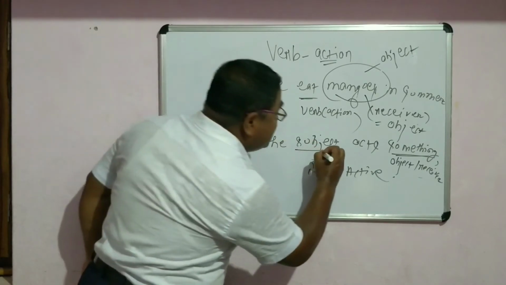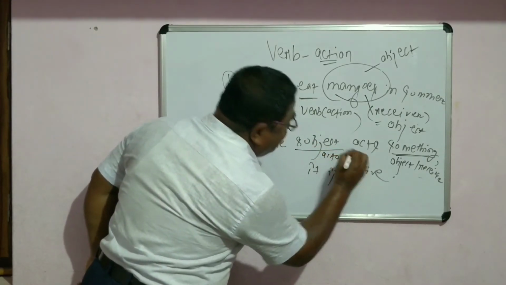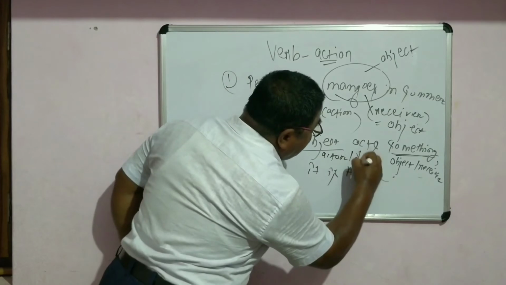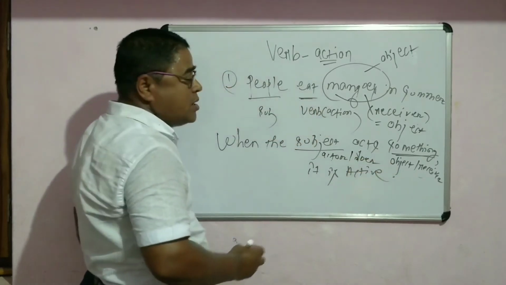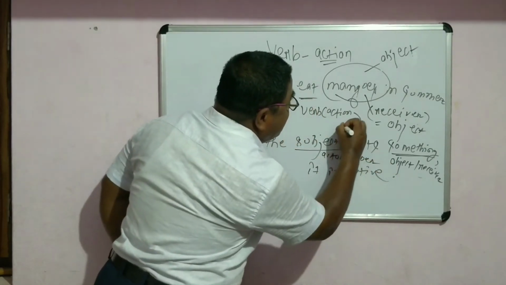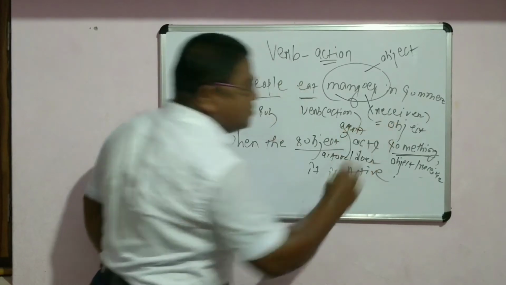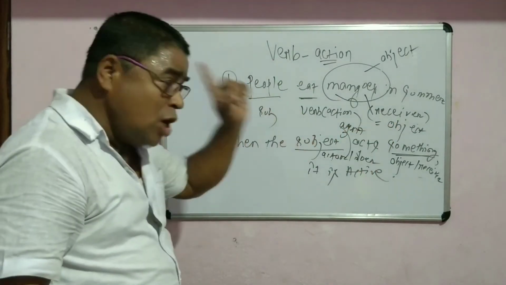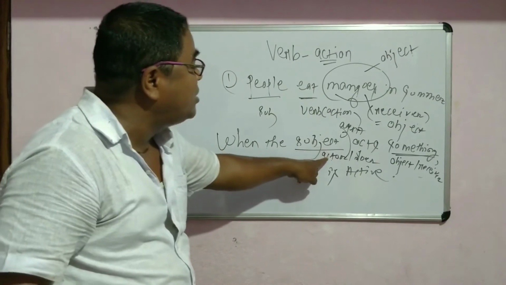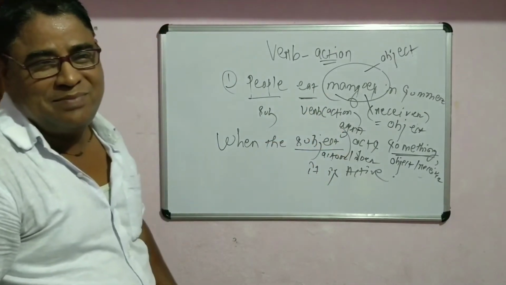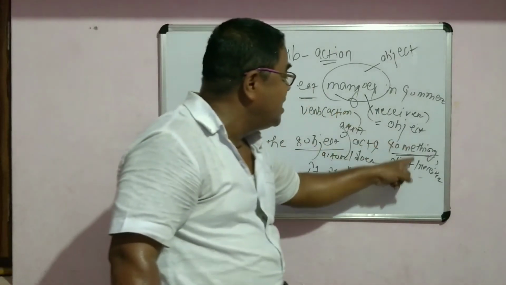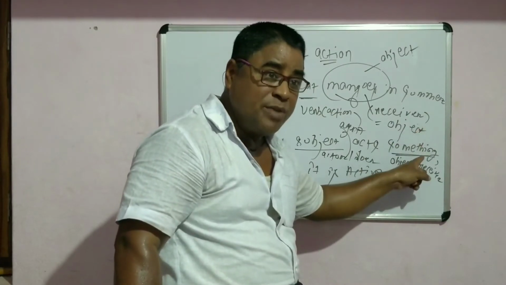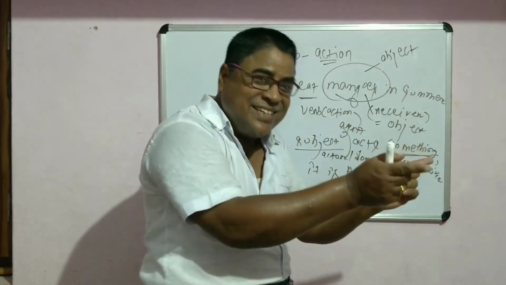As the subject acts, so the subject is called the actor. The subject does something, here the subject is called the doer. The subject does something, it is also called the agent. So in the active, always remember, your subject is the actor or a doer or agent. And something is the object or a receiver because it receives the action.